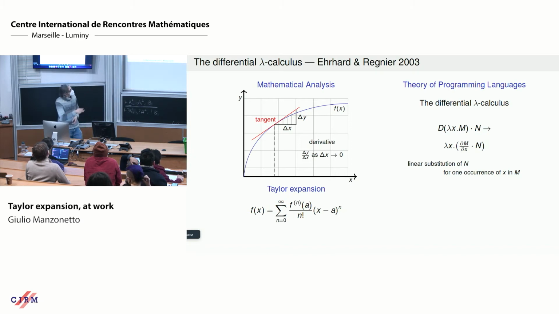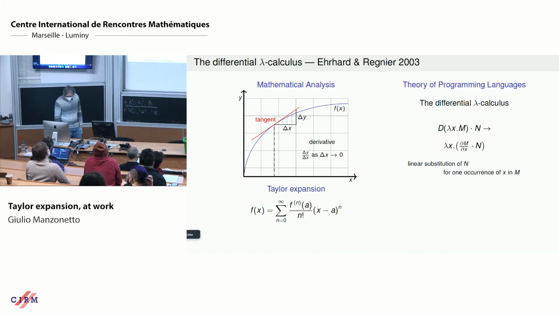So the derivative of lambda x dot m applied to n is simply a program which is linear in the sense that it needs to use n exactly once. So this substitutes n only for one occurrence of x in m, and not for all of them.